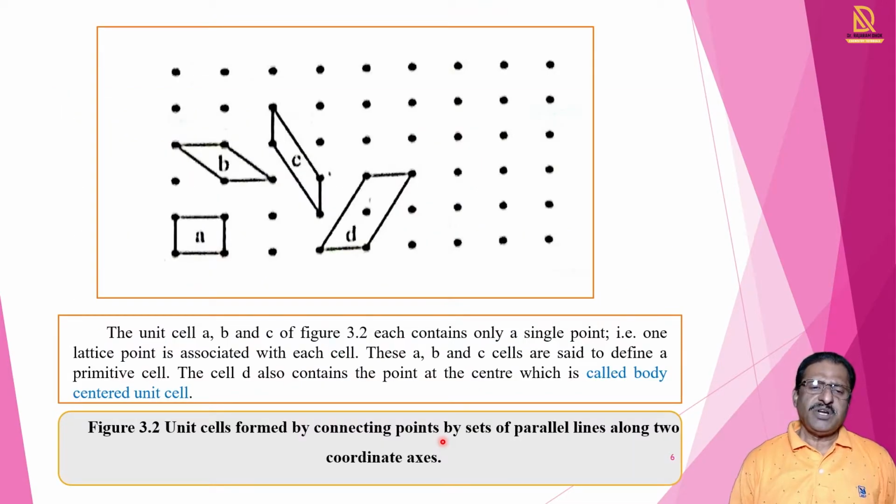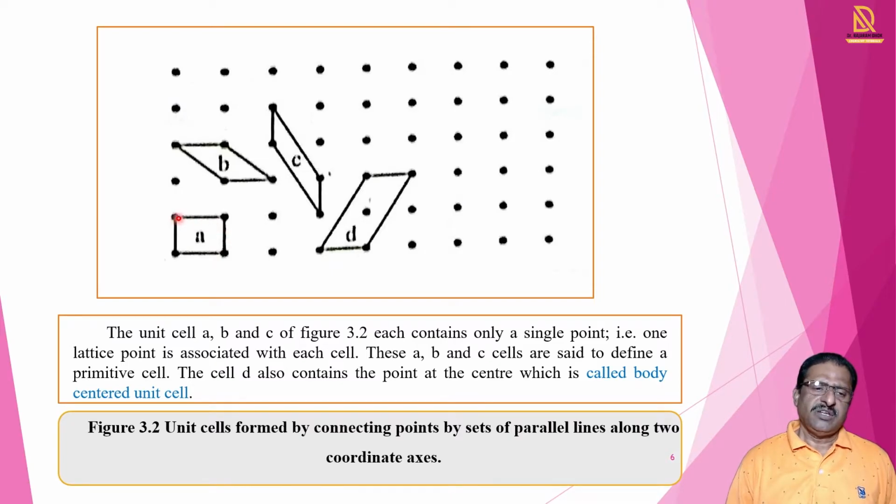So we see the different shapes of this unit shell. See this A, B, C and D diagram. Here unit shells A, B and C are of one type. In these, each contains only a single point.